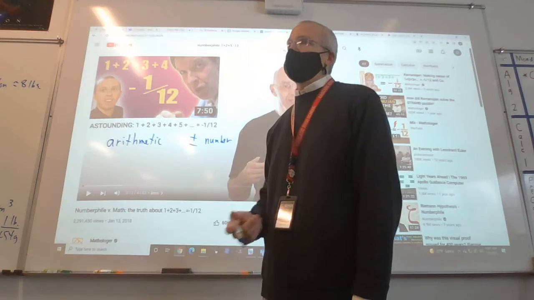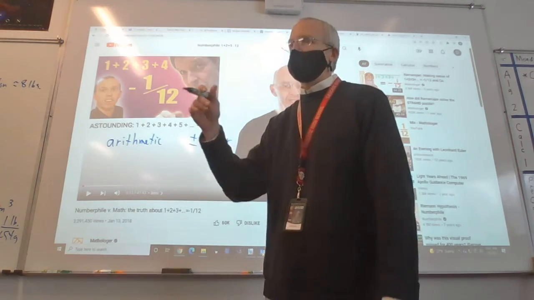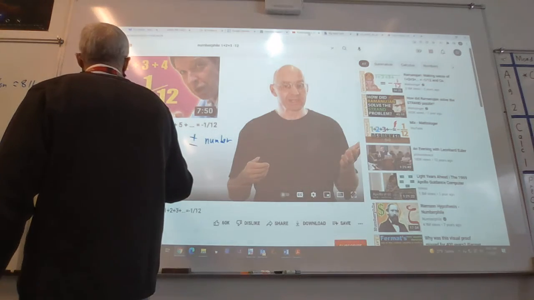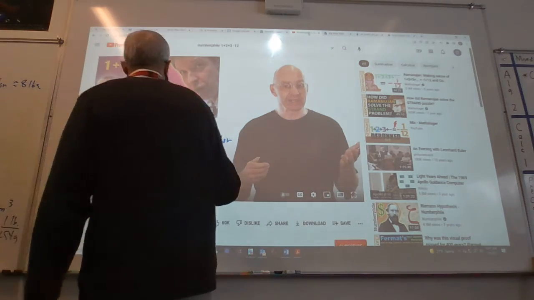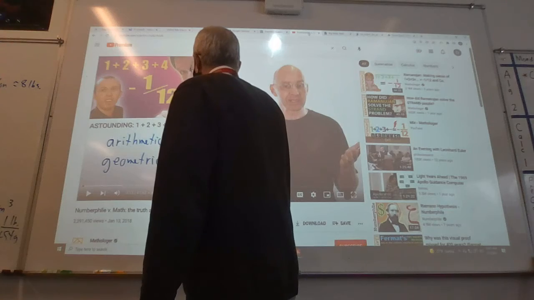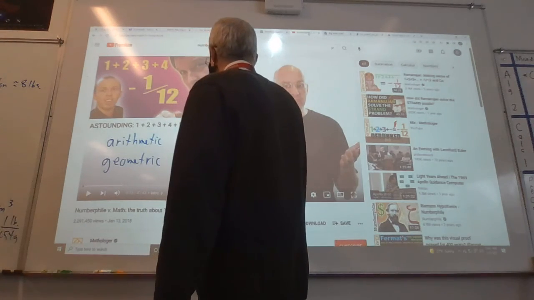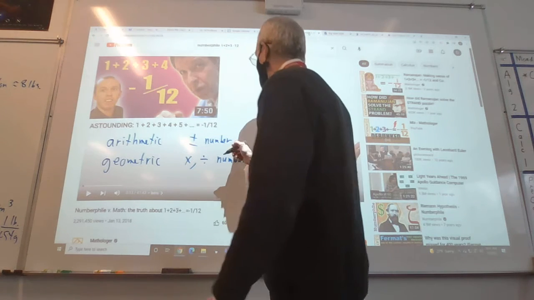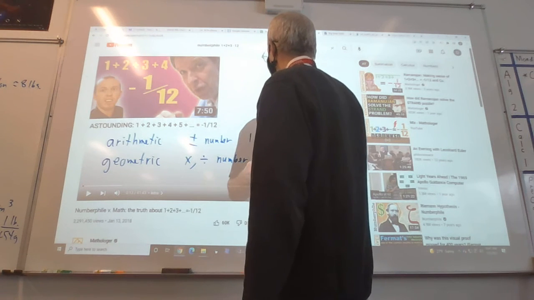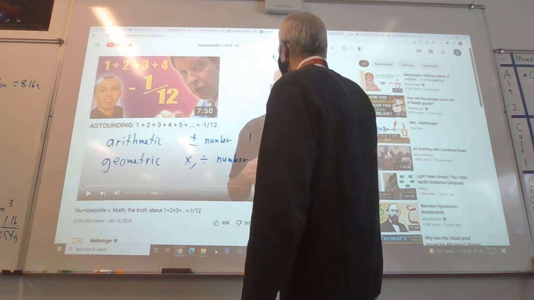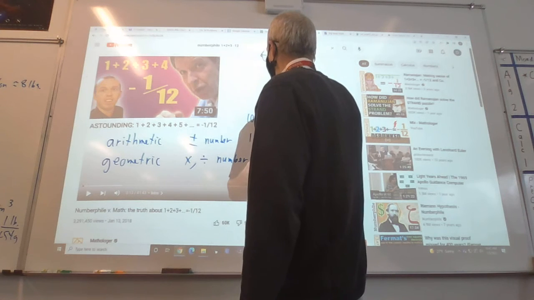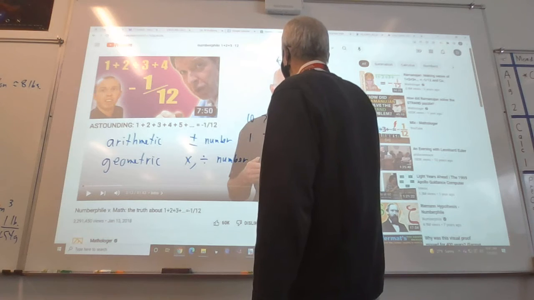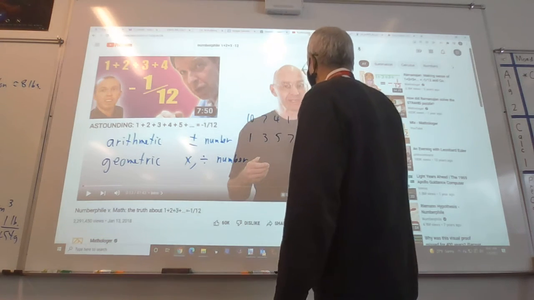And then a geometric one, which we haven't done a lot of, is when you're multiplying or dividing by the same number each time. An example of arithmetic would be 1, 3, 5, 7, or 10, 7, 4, 1, -2, and so on.